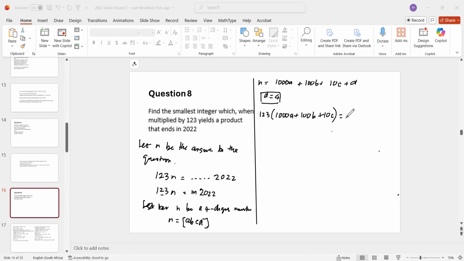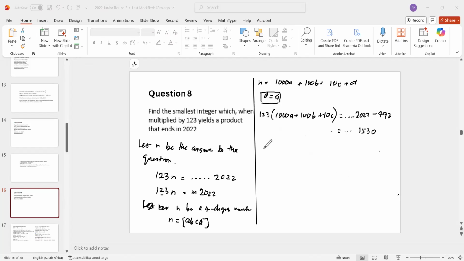So this number which ends in 2022, you have to subtract 123 times 4. Just exactly as before. It's just that I've got extra things here. And this thing, as we saw before, the last 4 digits are 1530.